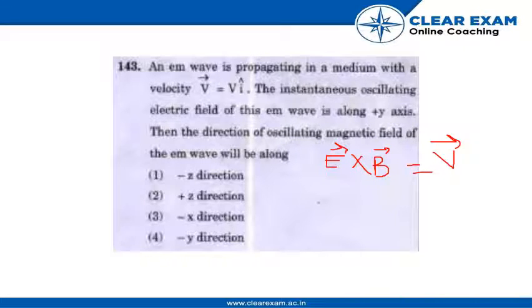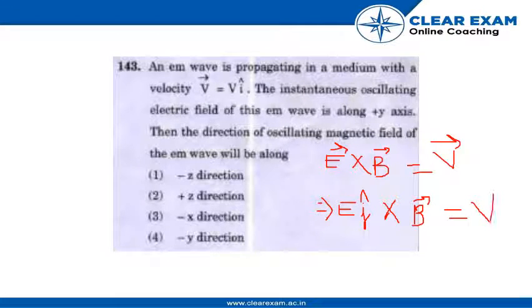So if we put in the values, then E multiplied by j cap, cross the B vector, that is the magnetic field, will be equal to V i cap, because this is given already. Okay, then therefore the electric field vector is along plus y axis.